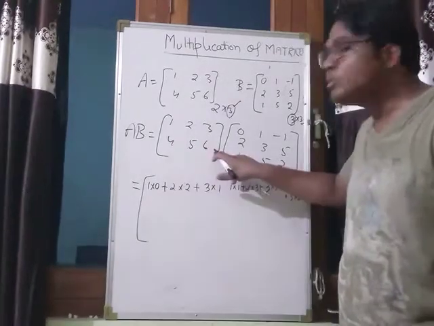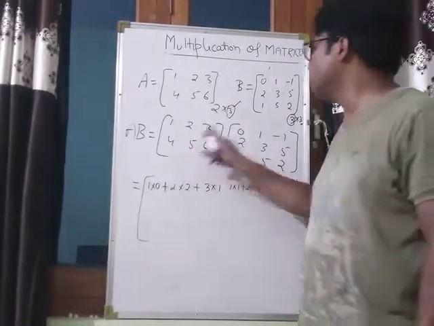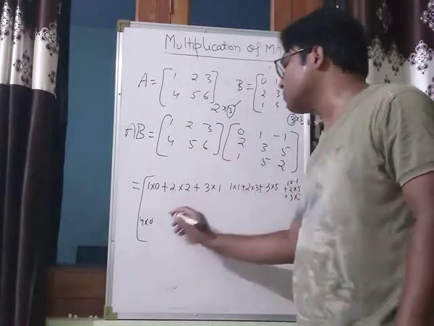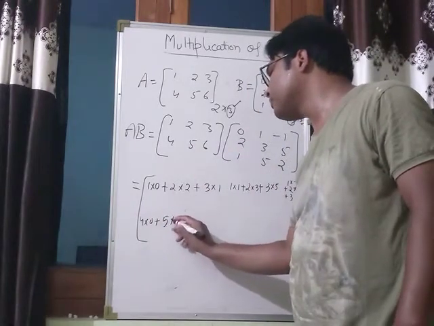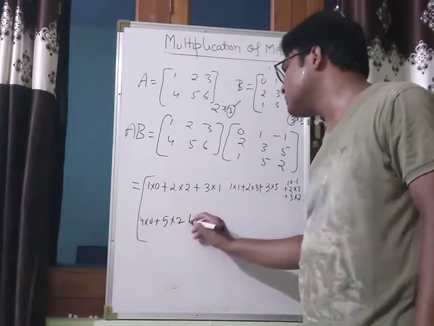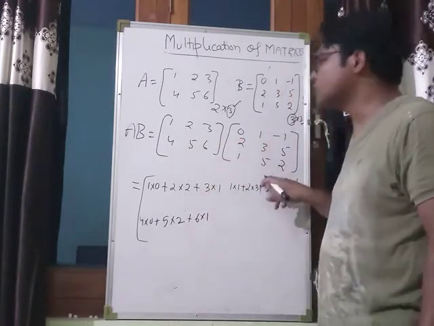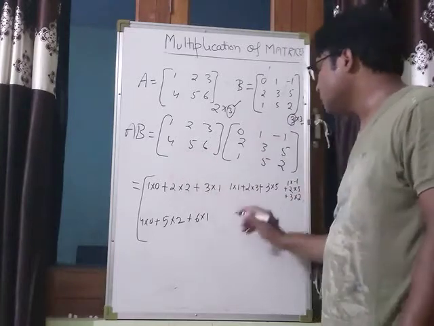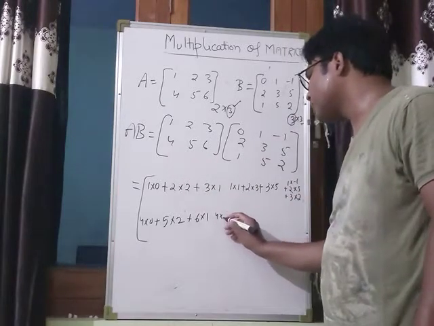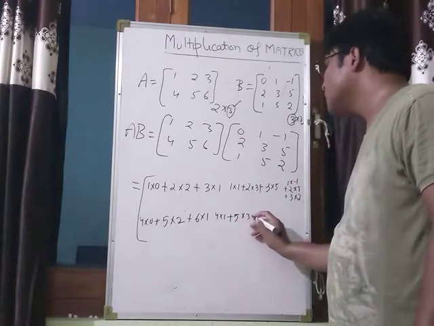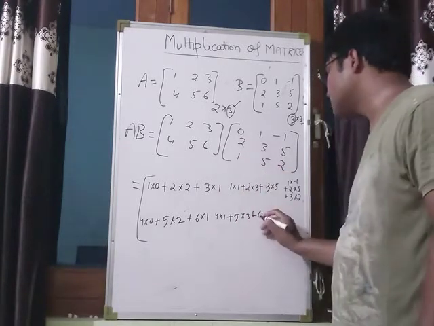After that second row first column: 4 into 0, plus 5 into 2, plus 6 into 1. Again second row second column: 4 into 1, plus 5 into 3, plus 6 into 5.